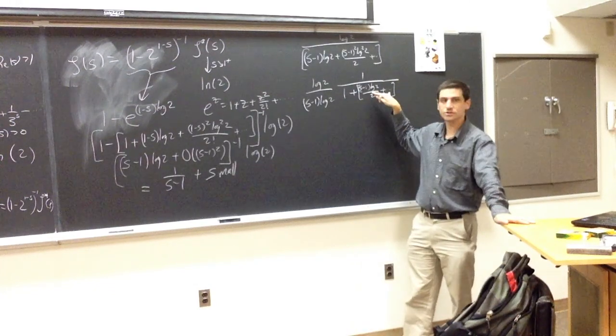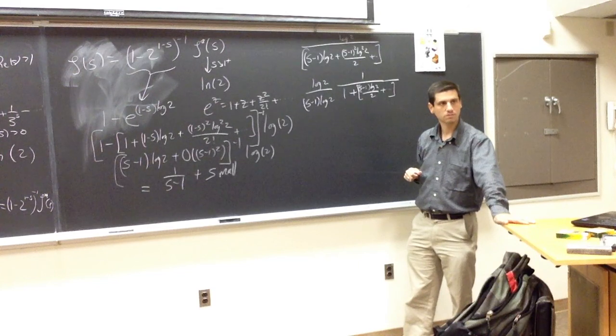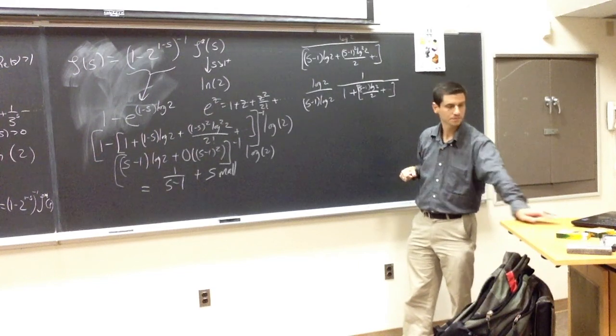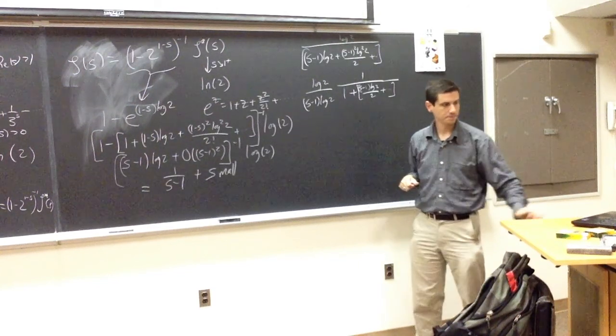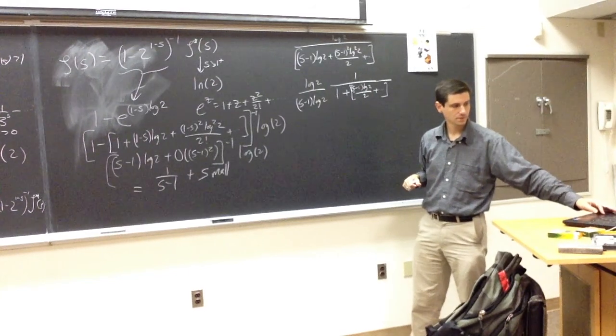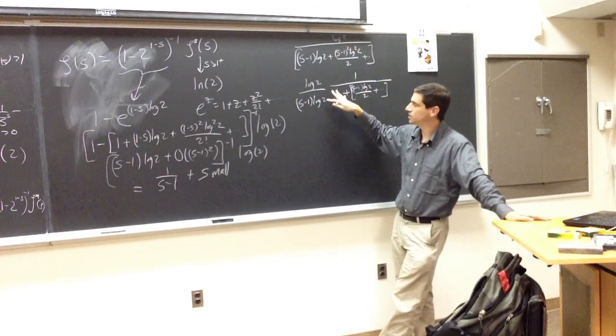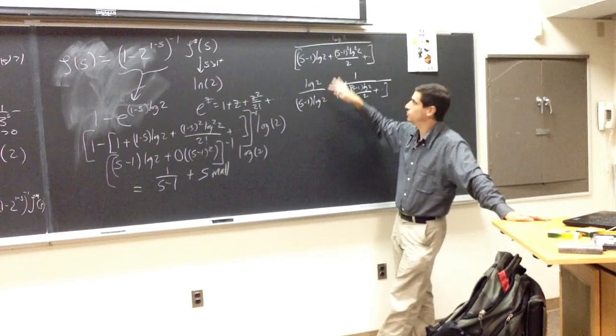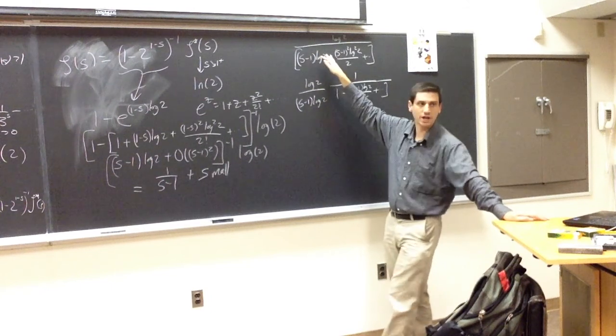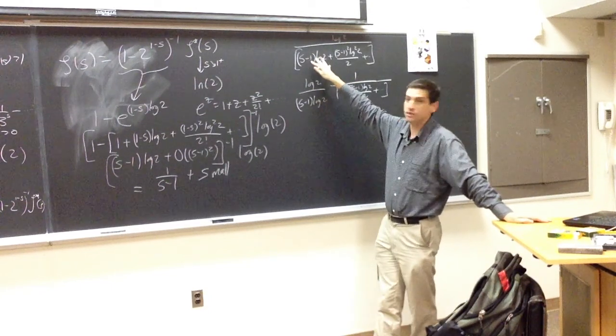And now we can expand this using... how would we expand that? Is everybody comfortable as to how we got here? I just pulled out the s minus 1, because when s is really close to 1, the main term is the first term.